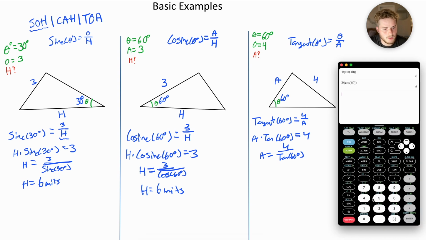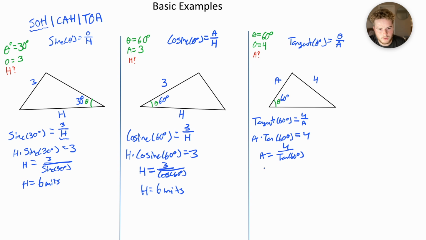Let's see here. So we got 4 divided by tangent of 60. So that gives us an adjacent of 2.3, just about. So we'll say the adjacent is about equal to, which is this squiggly here, 2.3 units.